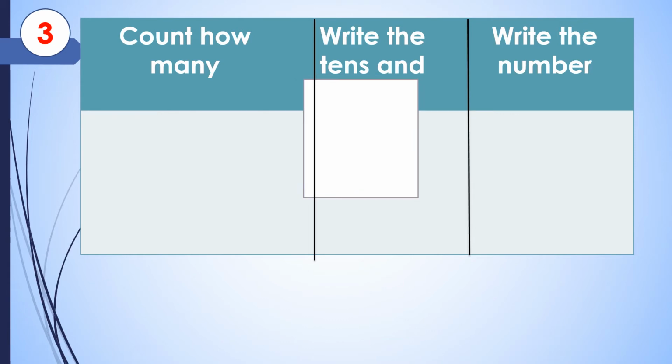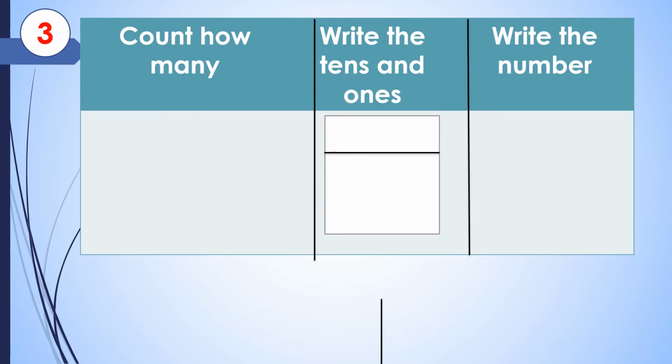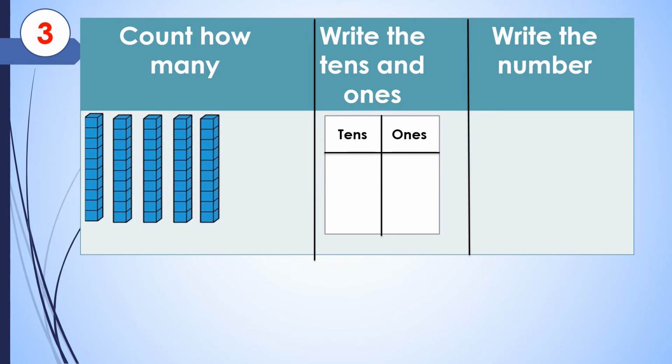Number 3, again we have tens and ones. Let's start. 1, 2, 3, 4, 5, 6, 7. How many tens are there? 7. 7 tens equal 70.